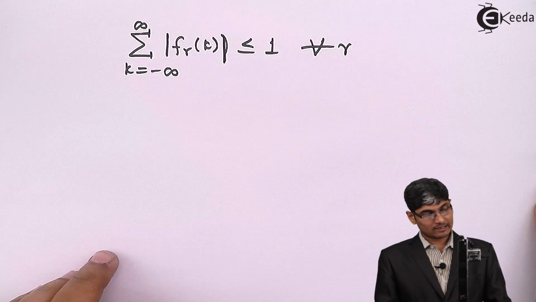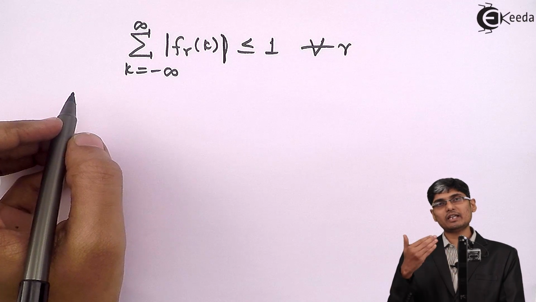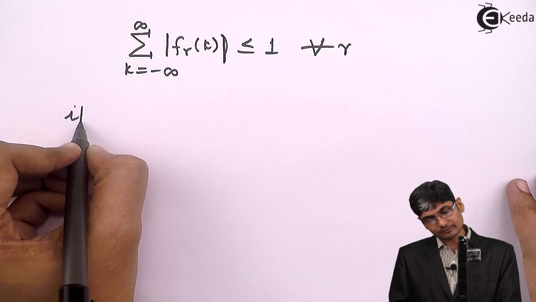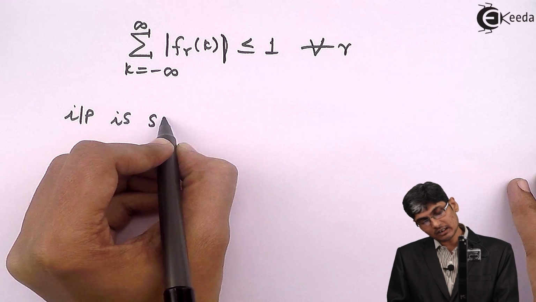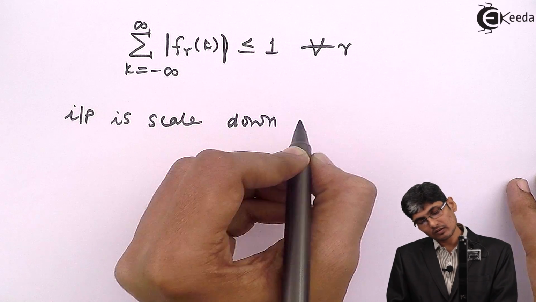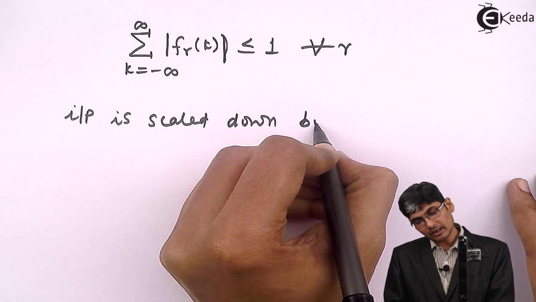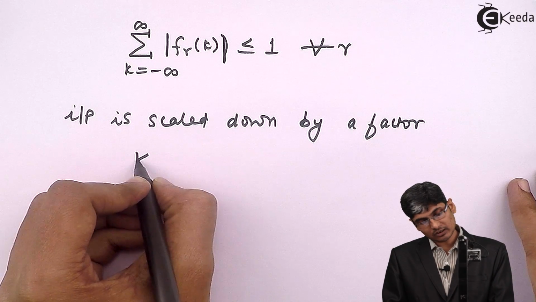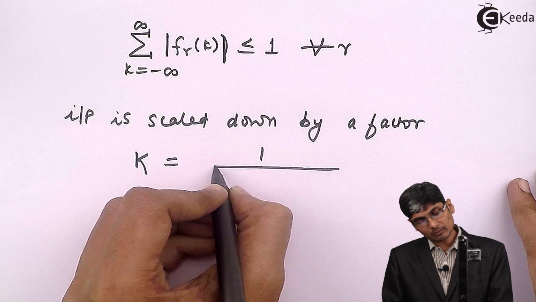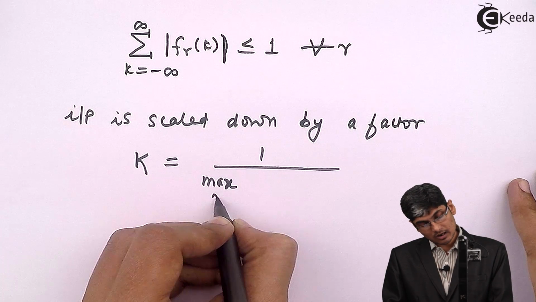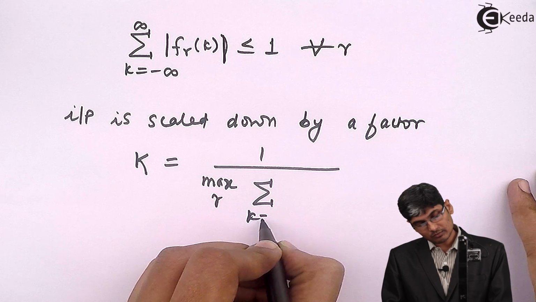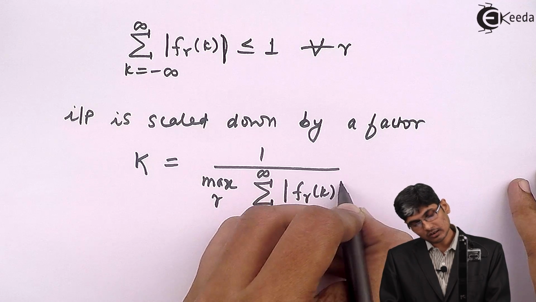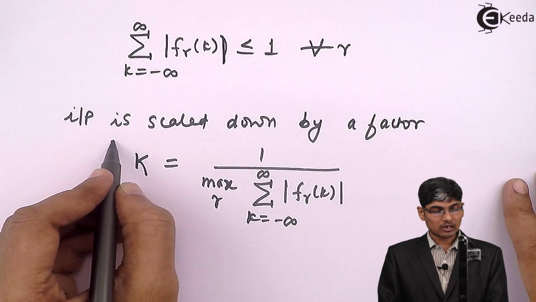If there is an overflow, then I need to scale it down. By what factor will I scale it down? The input is scaled down by a factor K, which is equal to 1 upon the maximum over r of the summation from k equal to minus infinity to plus infinity of the modulus of f_r[k].